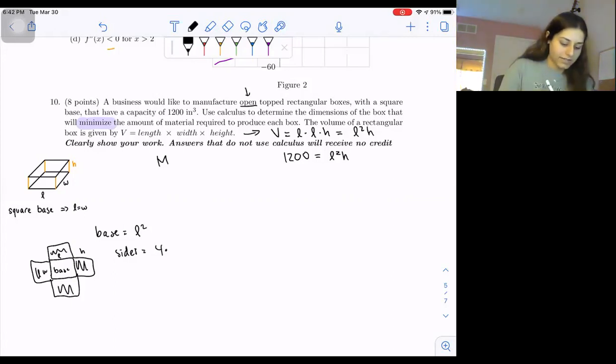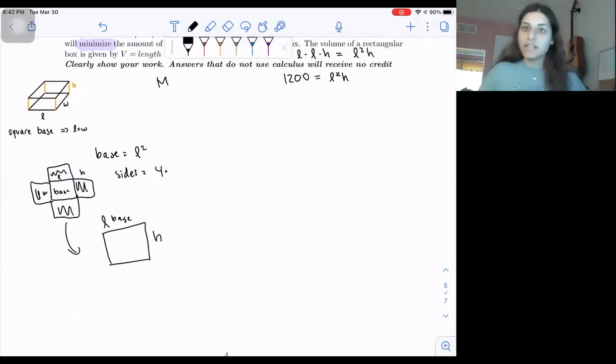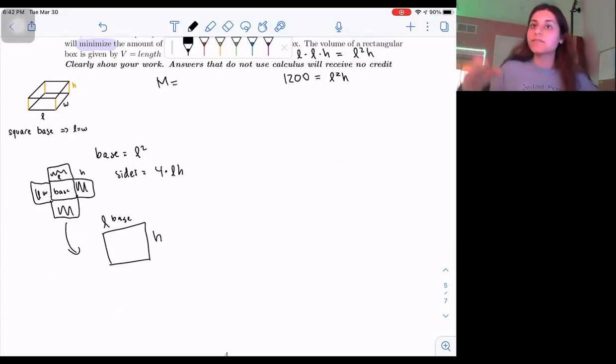If we're trying to find one of these sides, the base has a length of L, and our side has a height of H. So H times L, and we have 4 sides, so we're multiplying that by 4. So 4LH. Okay, so that's the surface area of the base and the surface area of the 4 sides. If we want to find the total surface area, we're going to add them. So M, which is our total material, total surface area, is going to be L squared plus 4LH.